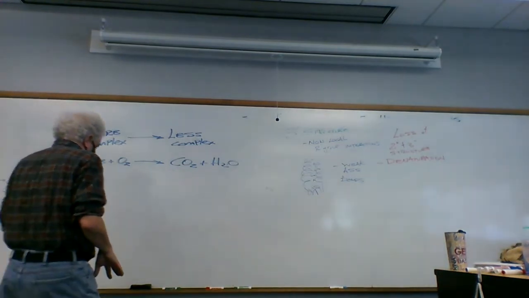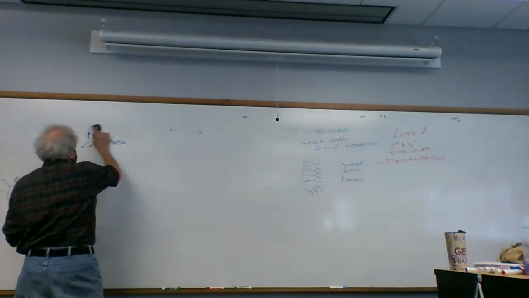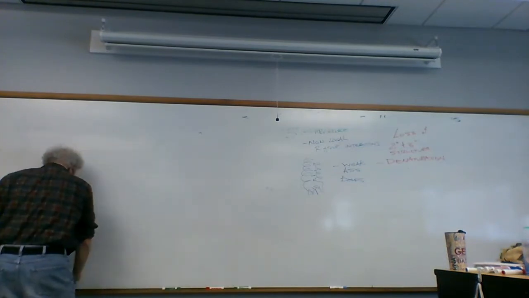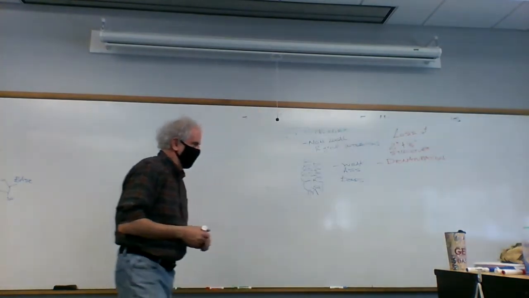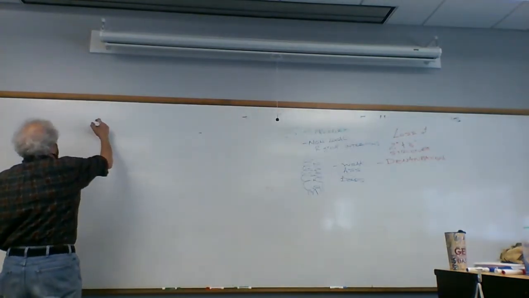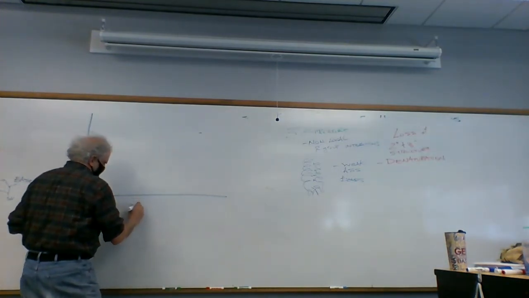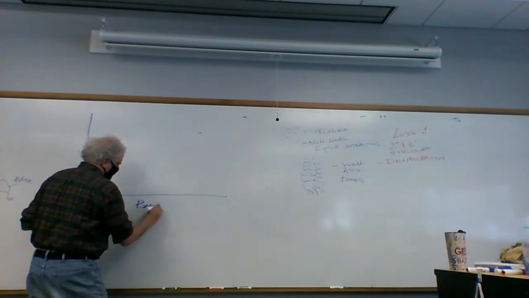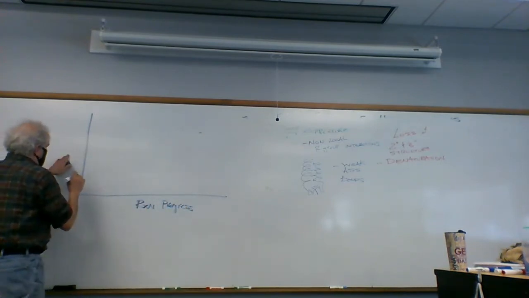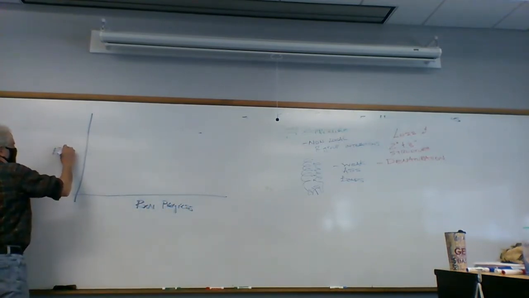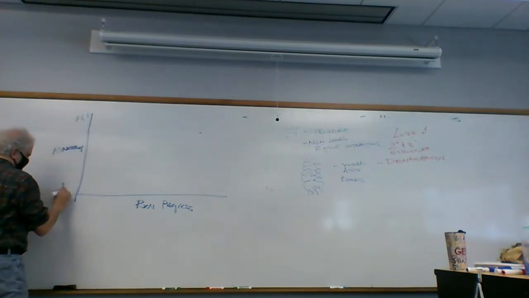So if we think about a chemical reaction like fire, setting fire to a piece of wood or to a pile of coffee creamer, we can set something up like this, where we've got a graph in which the x-axis is the reaction progress, and the y-axis is the relative amounts of energy. So we've got high and low.